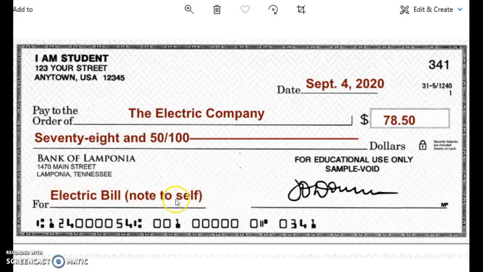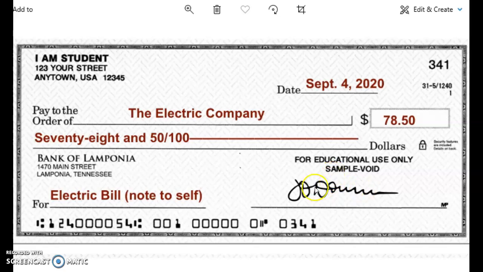So you're paying $1,000 to a college. You would want to put the student for whom that payment is for in this section. Sometimes you put a student and a number. Electric bill, you might also put the account number. So whatever is helpful to make sure that this check does the job it's intended to do can be written here.